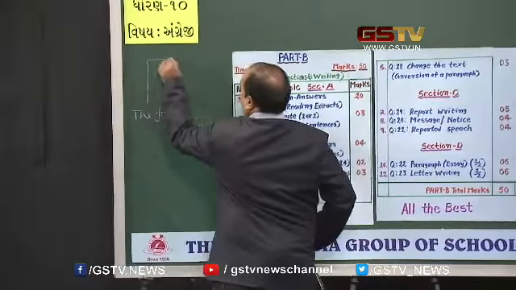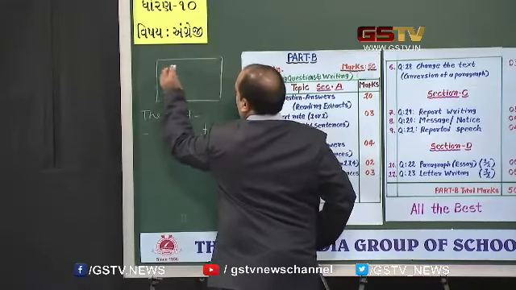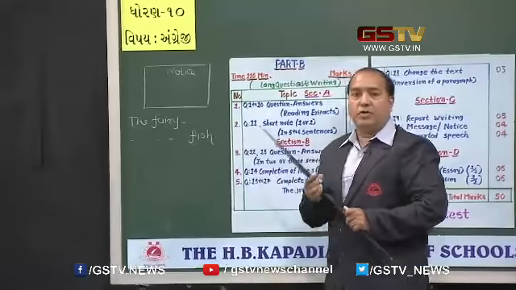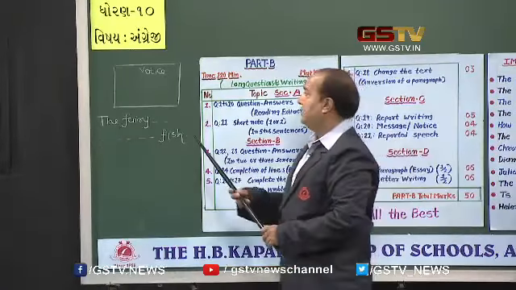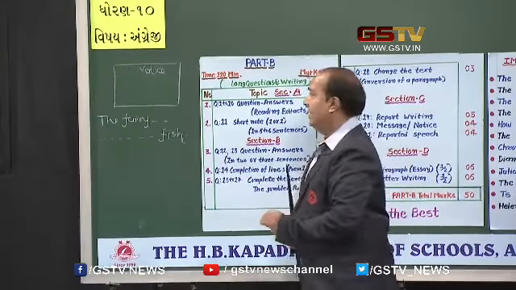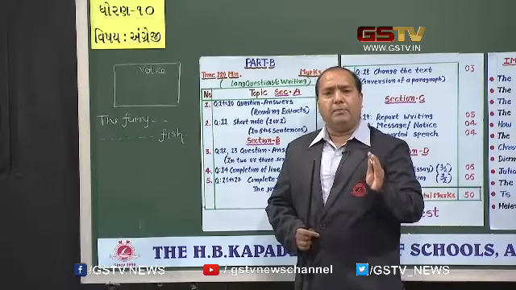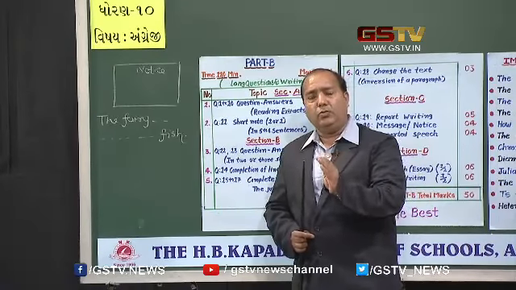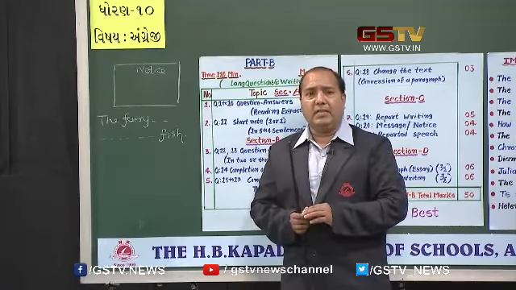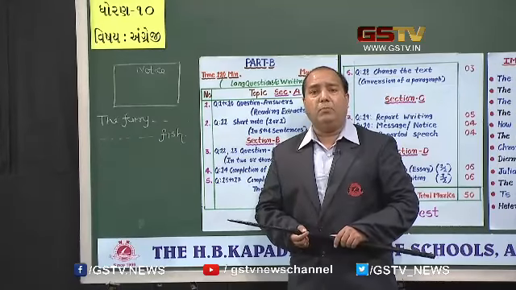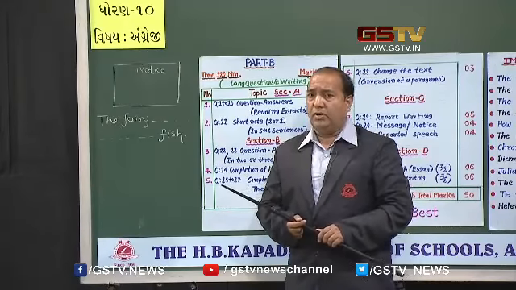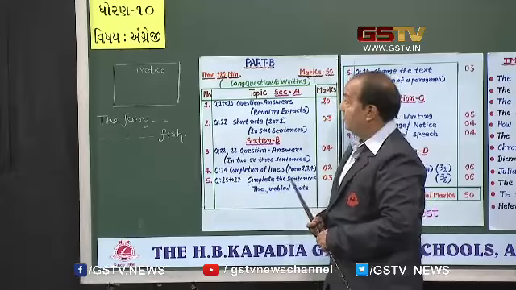In the middle, you have to give the title Notice, and then on the top right side you should write the date, and then below the notice you should write a proper title according to the question, such as the selection of hockey team, or a picnic to Mount Abu, and then in about 40 words you have to write your message, the notice.